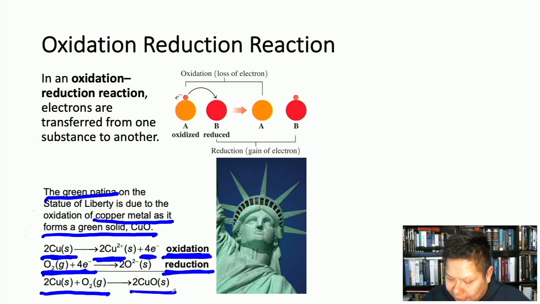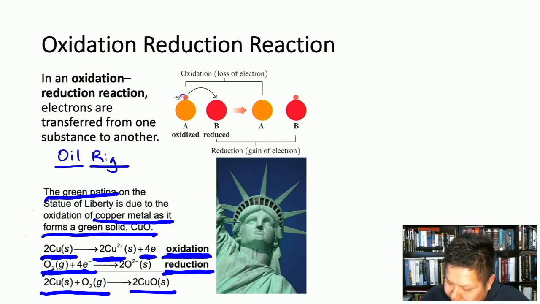So I guess the mnemonic that everybody uses to remember which is which here is OIL RIG. All right. So oxidation is loss. That's OIL. Oxidation is loss of electrons. And then the RIG part is reduction is gain in electrons, right?